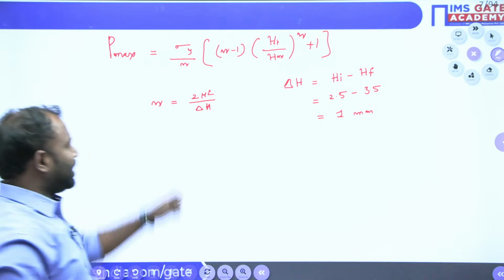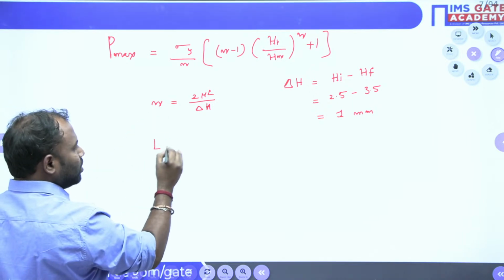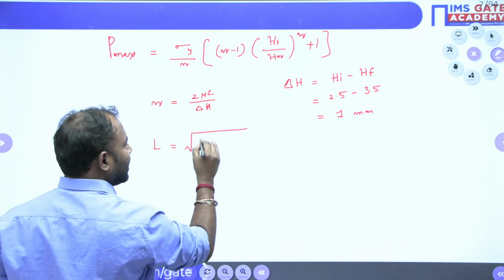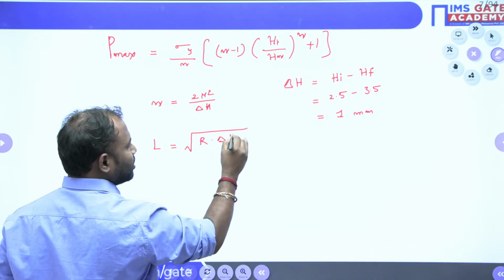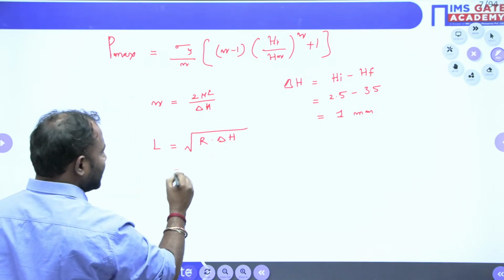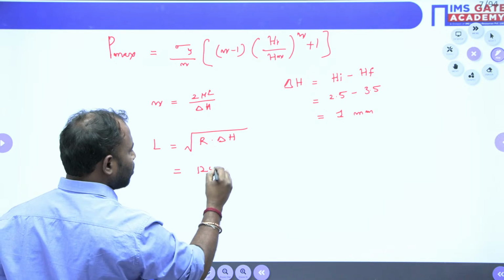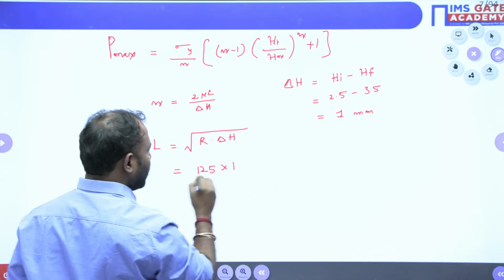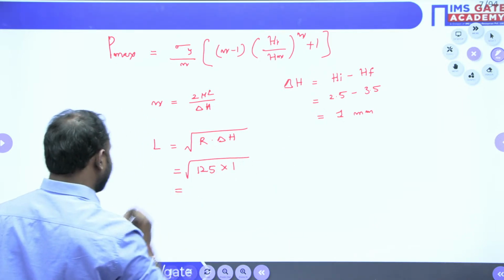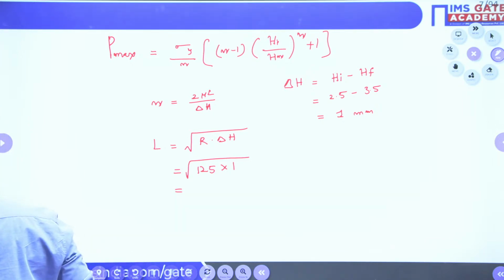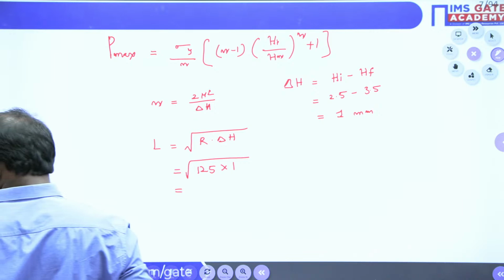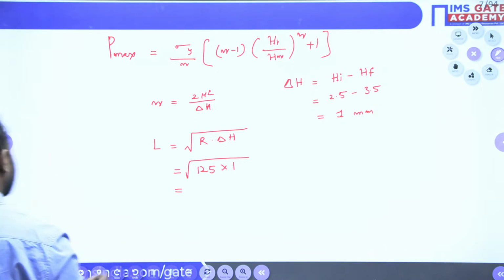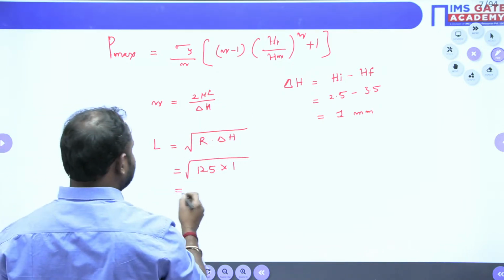Okay. Now, what is L? Length of deformation zone. So, that is equal to root of R into delta H. Okay. Now, what is R? R is 125, radius of the roller, and delta H is 1, such that you are going to get L equal to root of 125. So, if I keep all this in this, you will get n.